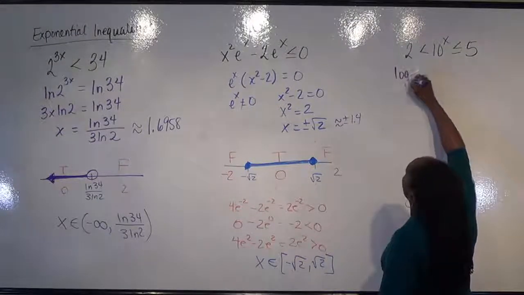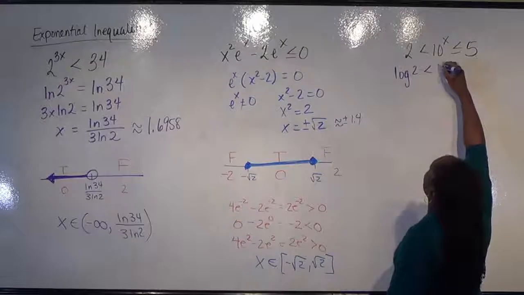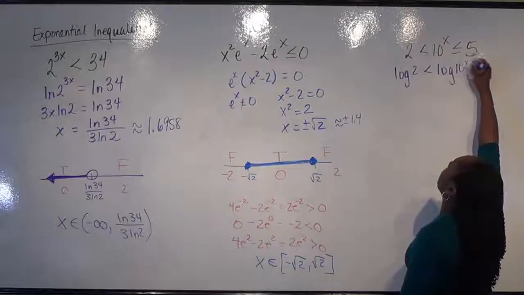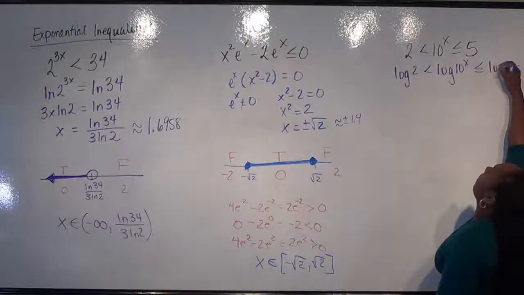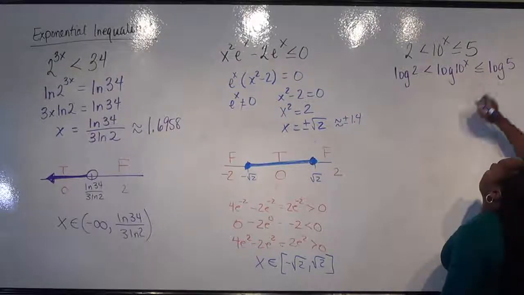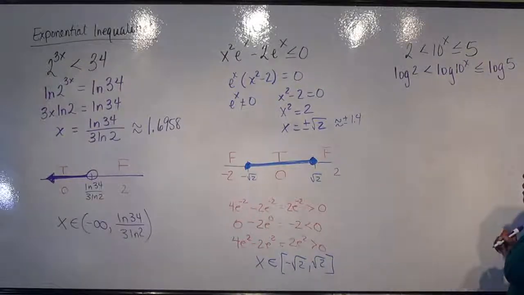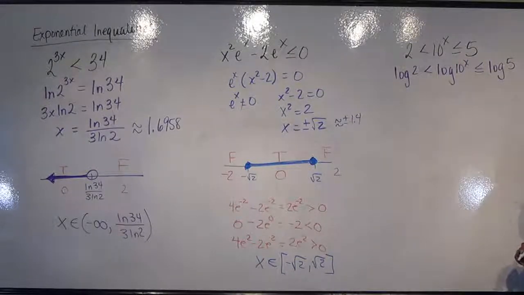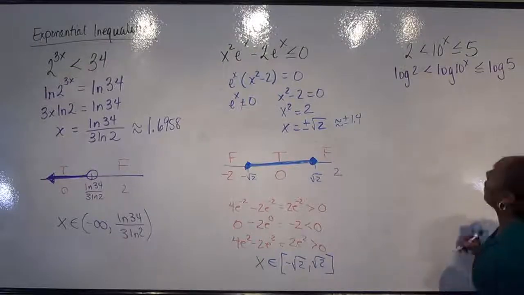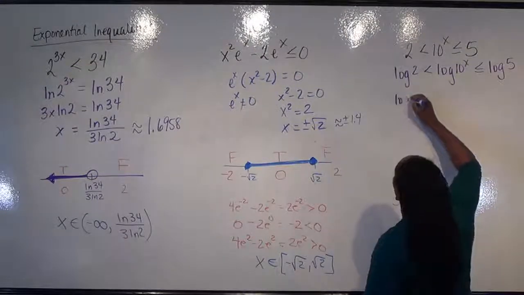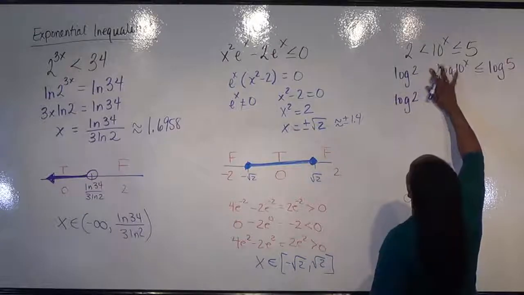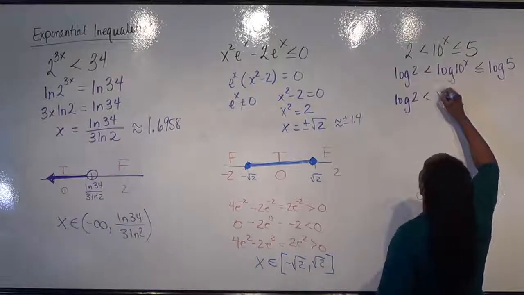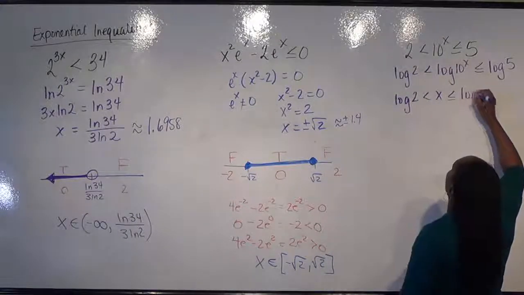So I'm going to take log of 2 less than log of 10 to the x less than or equal to log of 5. And nicely the middle piece there, log of 10 to the x, cancels out. So we're looking at log of 2 less than x less than or equal to log of 5.